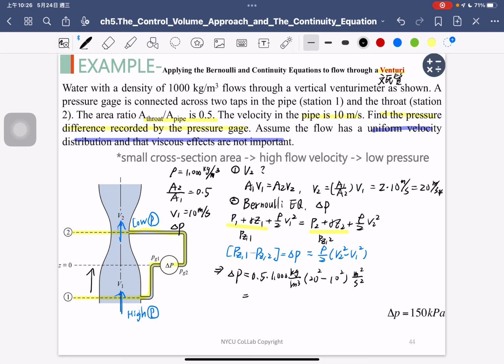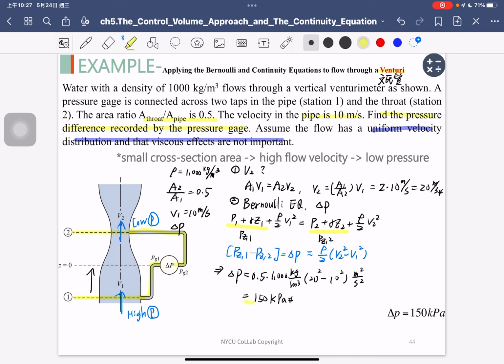So we can use your calculator to compute the final answer. As soon as I show the number here, it is 150 kilopascals.